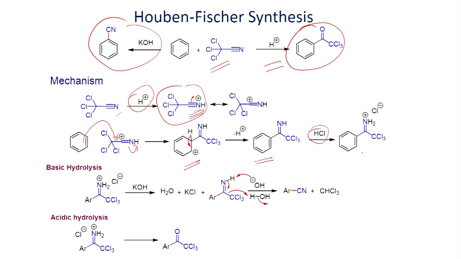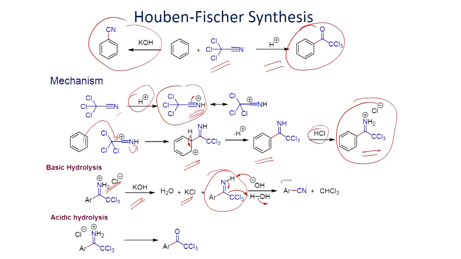this nitrile can react with hydrochloric acid to give the salt as the intermediate. Now, the imine salt depends upon the reaction conditions. If you have base, the base can remove the HCl, and you will be able to have this imine intermediate, which can further react with the hydroxide under these conditions.